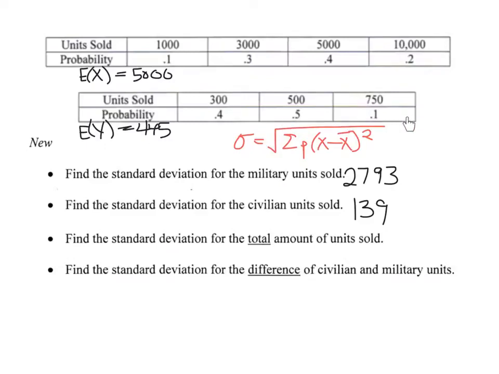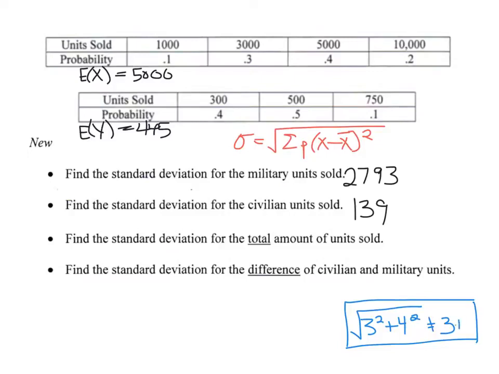And why I bring that up is really goes back to some properties of square roots that you maybe learned way back when you were doing Pythagorean theorem. And that is taking the square root of something like 3 squared plus 4 squared. That is not the same as taking the square root of 3 squared and adding the square root of 4 squared. Those are not the same.